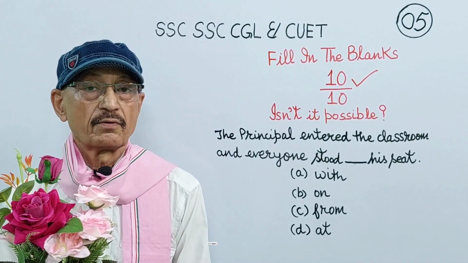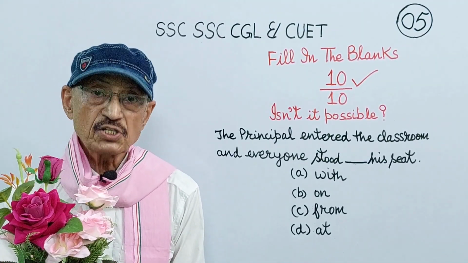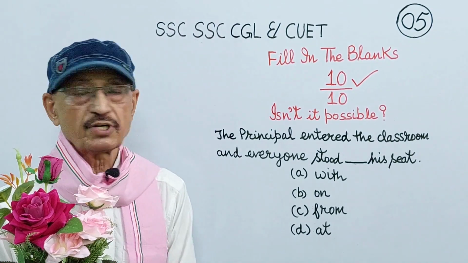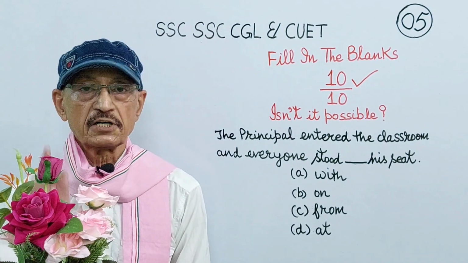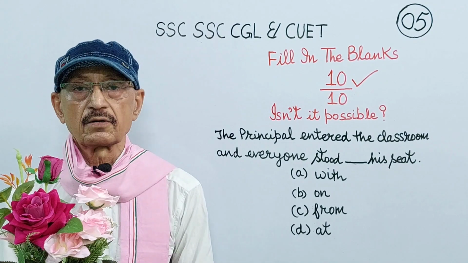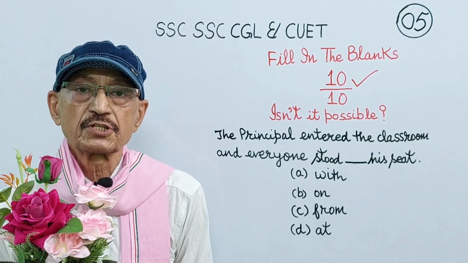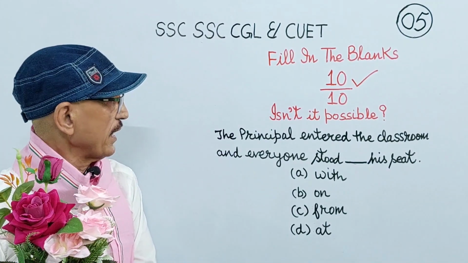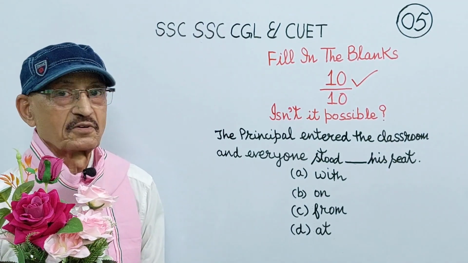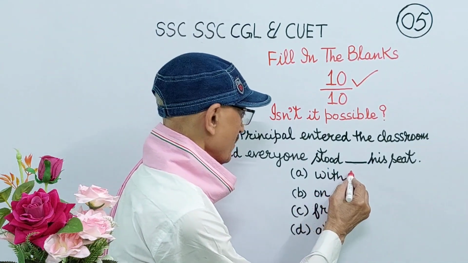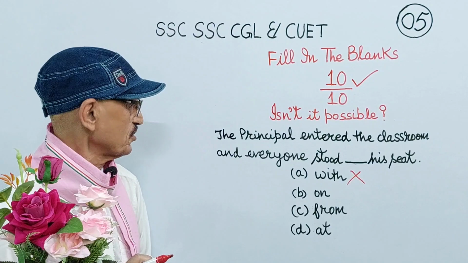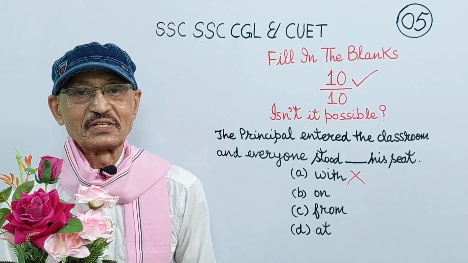The principal entered the classroom and everyone stood blank space his seat. There are 4 alternative prepositions here: with, on, from, at. Now see which preposition is correct. The principal entered the classroom and everyone stood with his seat. This is wrong. The principal entered the classroom and everyone stood on his seat.